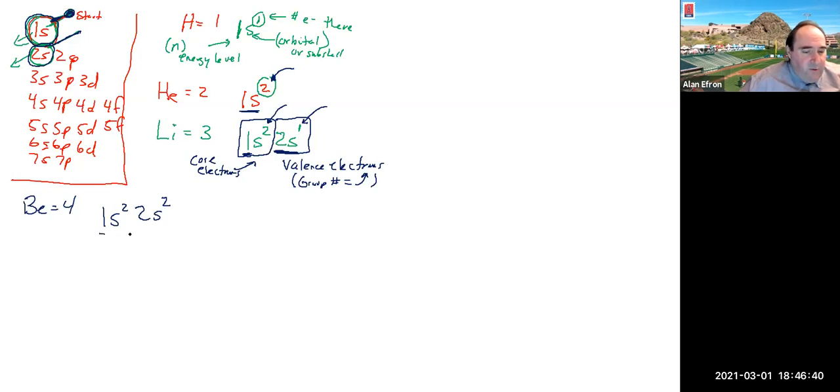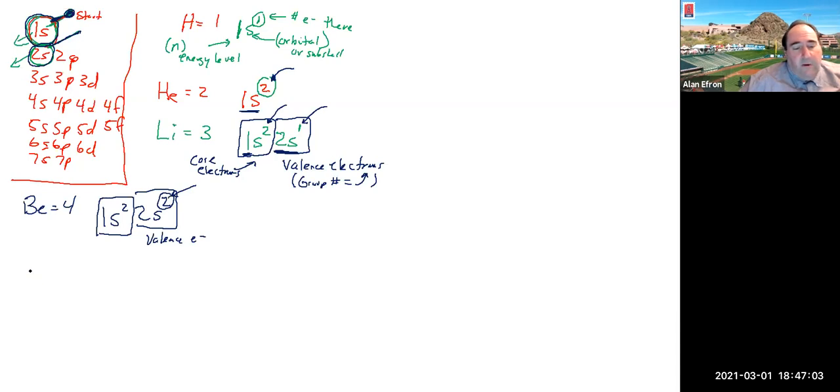We have 2 electrons in the first energy level, and 2 electrons here in the second energy level, and those would be the valence electrons for beryllium. If you look at beryllium on the periodic table, that is group number 2, and that is the 2 valence electrons that we see right here.